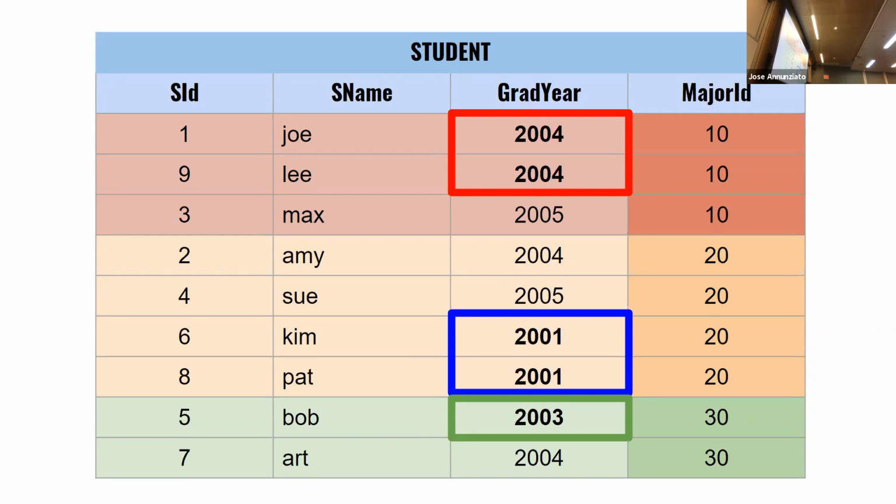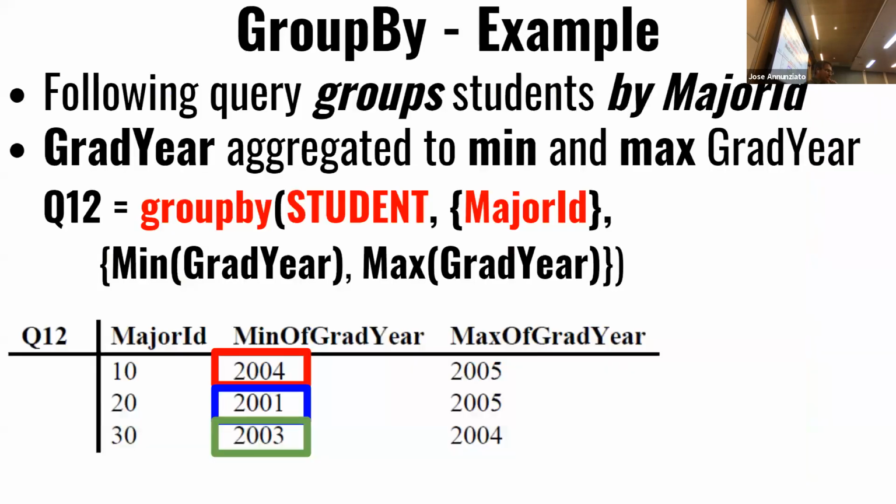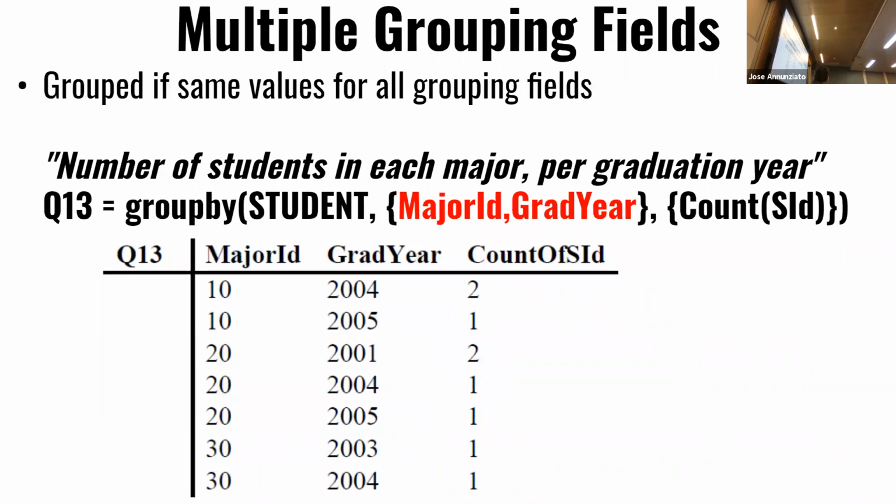That makes no sense. So that limitation we have to keep in mind: the results of the group by are the fields that you grouped by and the aggregates that you ran, but none of the other fields make it into the results.